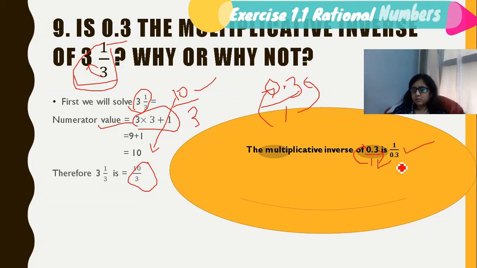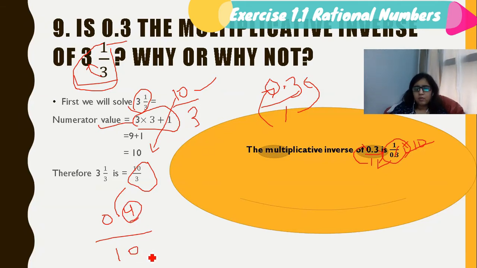So I got 1 upon 0.3, but I have to solve this. To do that, I have to remove the point and divide by 10. Whatever digits you have after the decimal, suppose we have only 1 digit after the decimal, then we divide by 10. If I have to solve, suppose, 0.56, I remove the point and divide the number by 100.